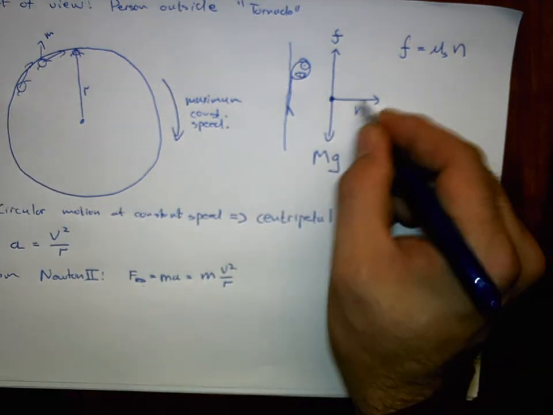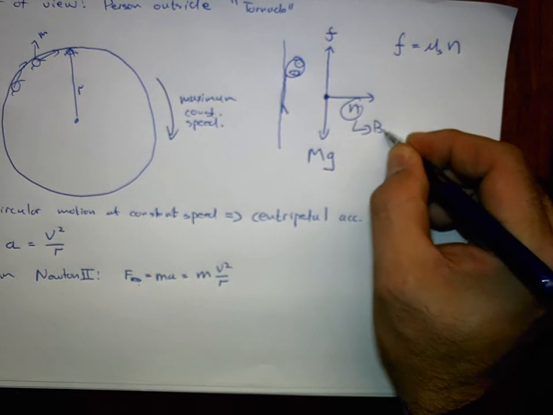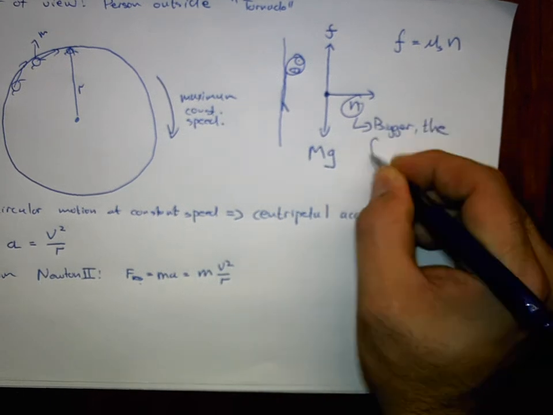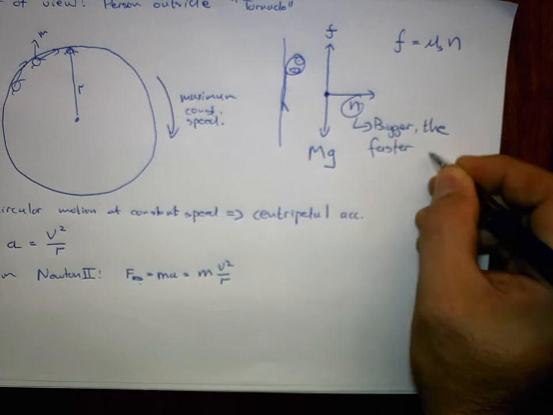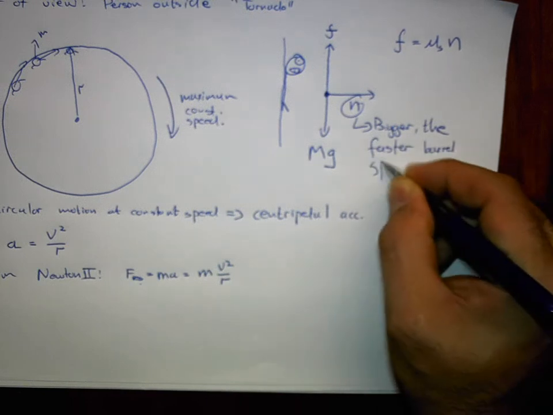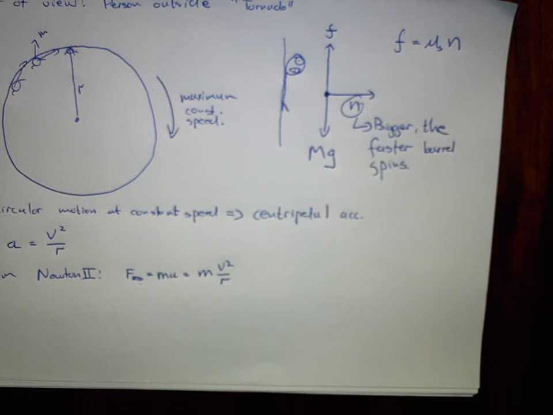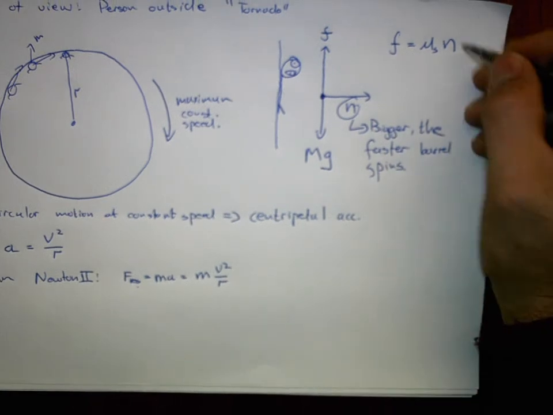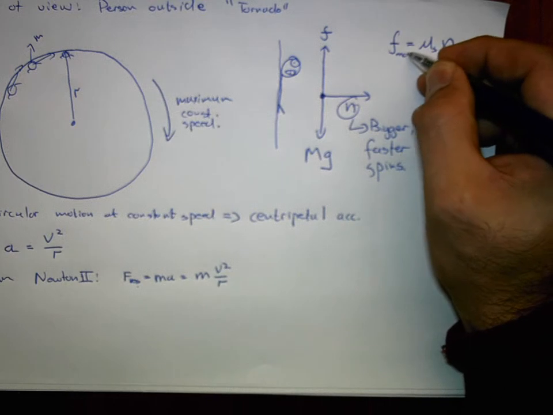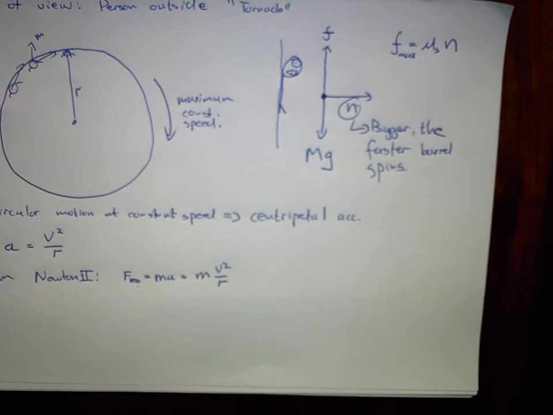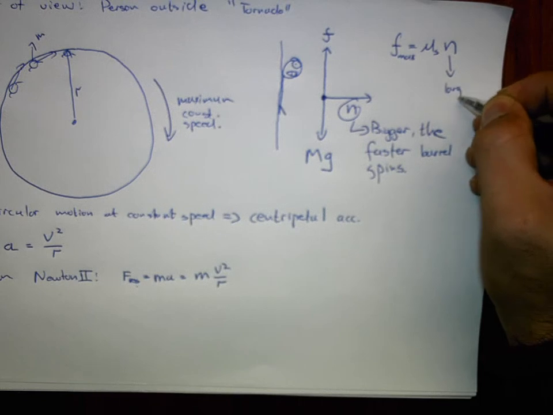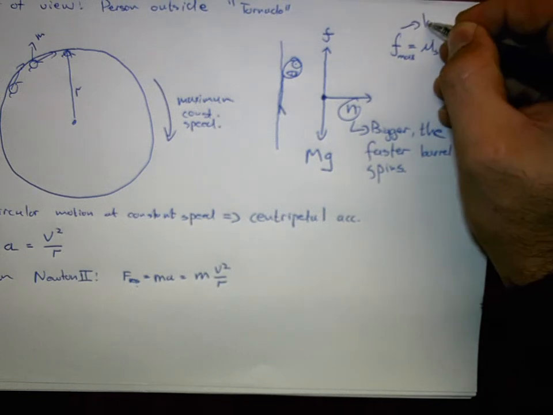So the normal force becomes bigger the faster this barrel or the tornado spins, which means the maximum available friction becomes larger.